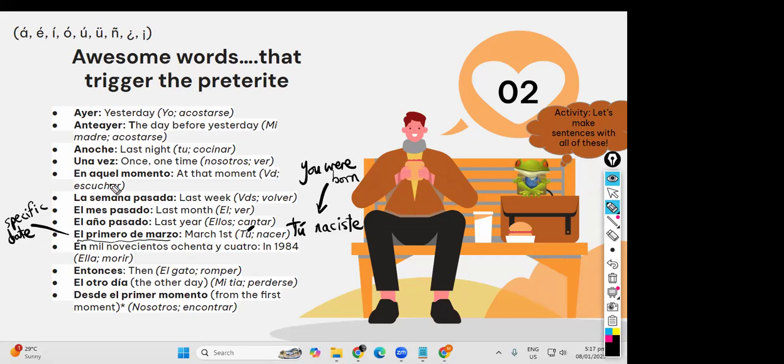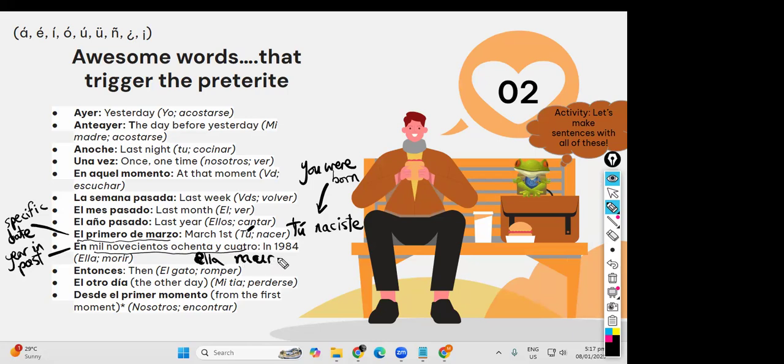All right. And then here again, we have a date. So the year, right? In the past. So in 1984, we have ella morir. So ella moriste, murió, right?